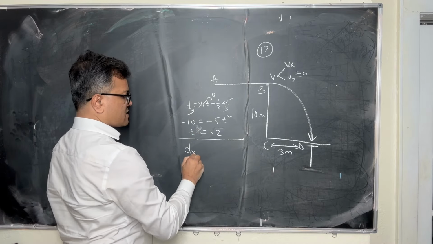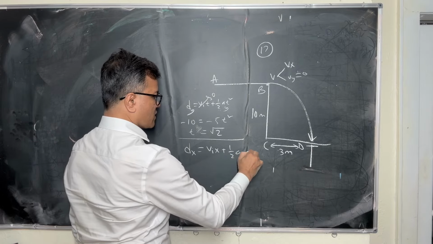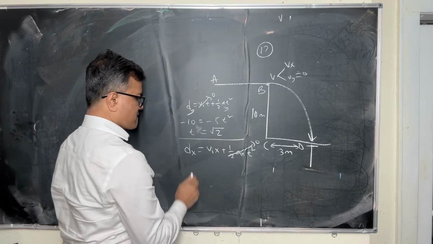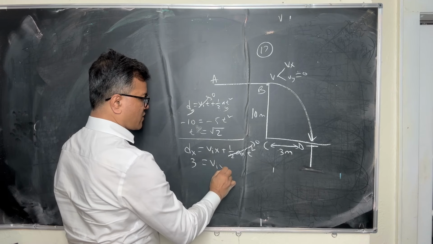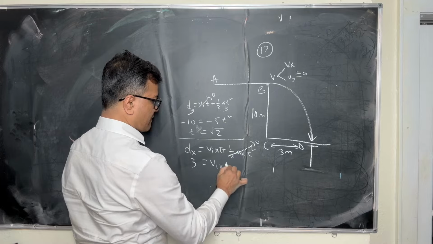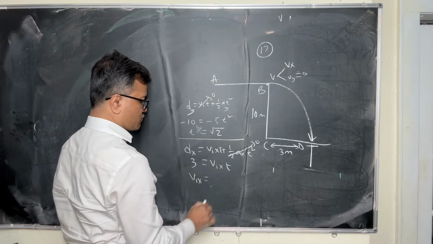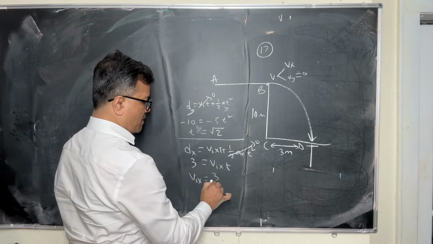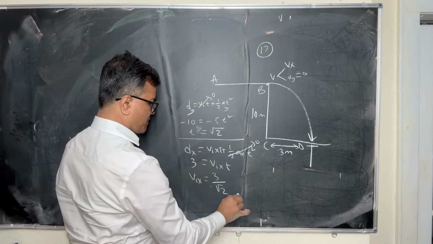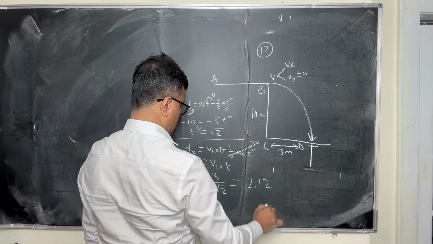So dx is equal to vix t plus half ax t square. This is 0. This is 3. We are trying to find vix. So vix is 3 over t, which is 3 over square root of 2. That's the answer. This is 2.12, I believe, meters per second.